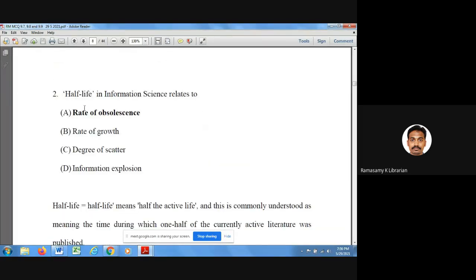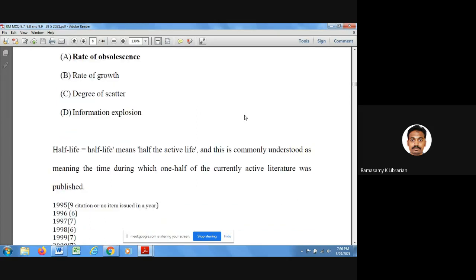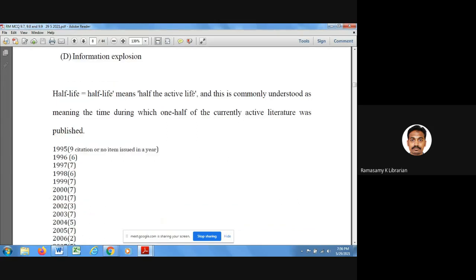Then next, half-life in information science relates to, see, in information science, we use the word half-life to mean rate of obsolescence, okay, rate of obsolescence of a piece of literature or a book or a journal or any kind of literary output. Okay, that means what is the half-life? Half-life means half the active life.